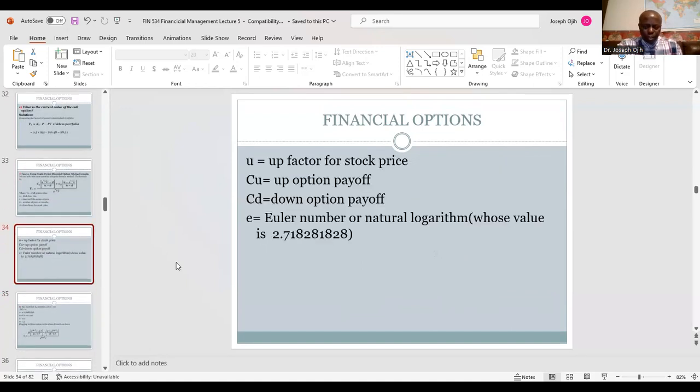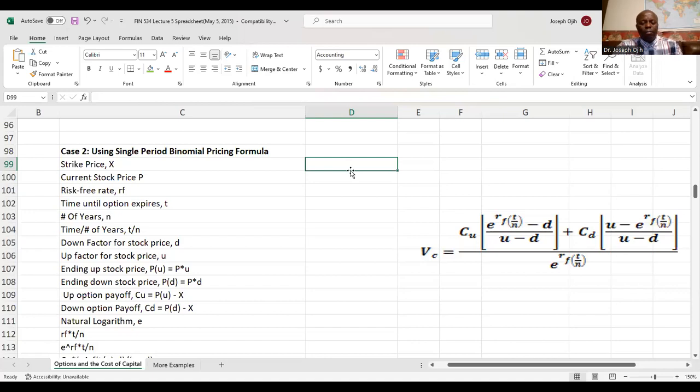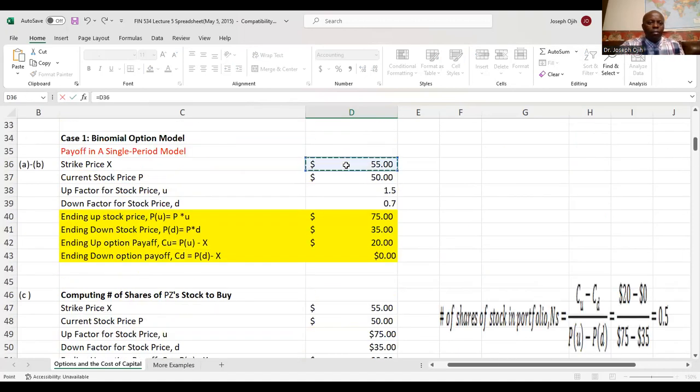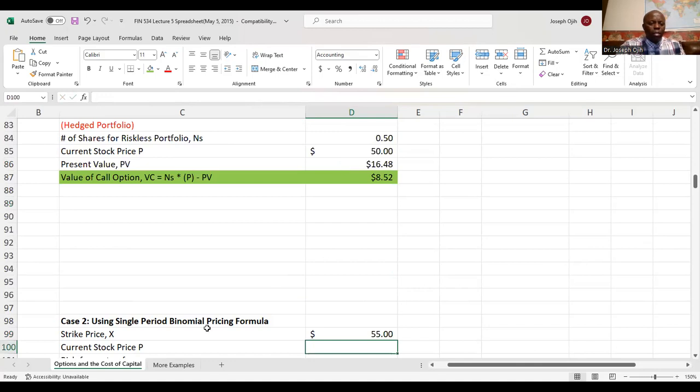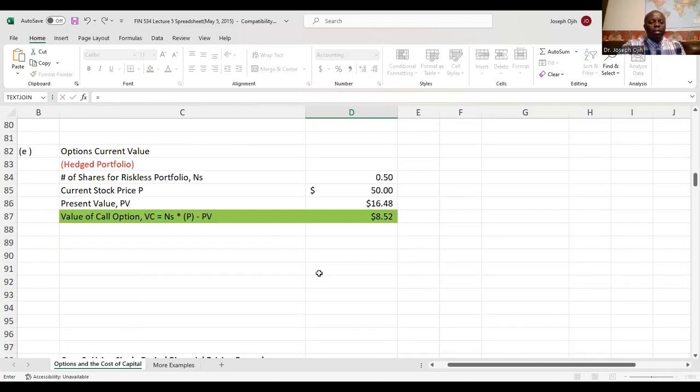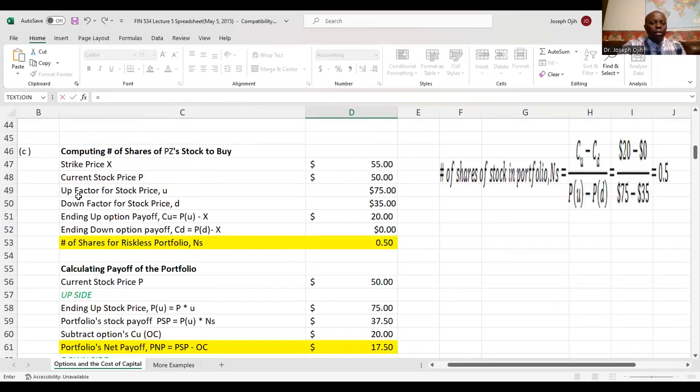Okay. Let's go. Let me take you back to the Excel. So the strike price, again, from that question, since we are doing the same question, I'm going to pick some of the information from the above. So strike price is $55. This current stock price, you can see right here. Current stock price, $50.